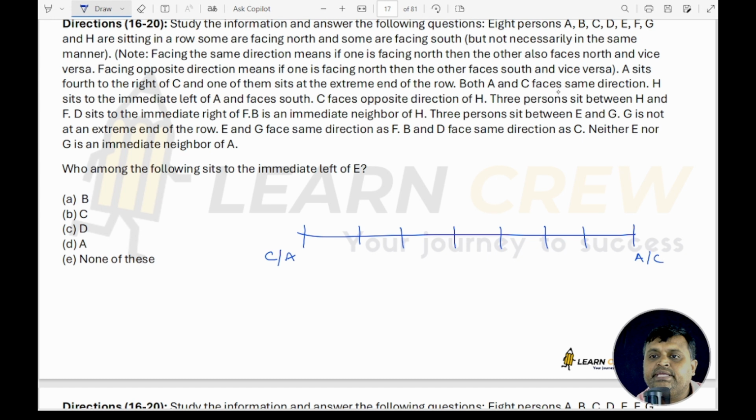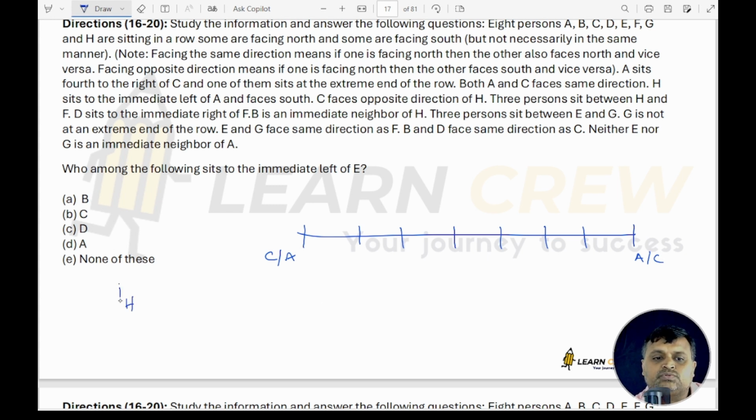A sits fourth to the right of C. One of them definitely is at the extreme ends, and which side they are facing is not given. So if both A and C face the same direction, H sits to the immediate left of A and faces south.